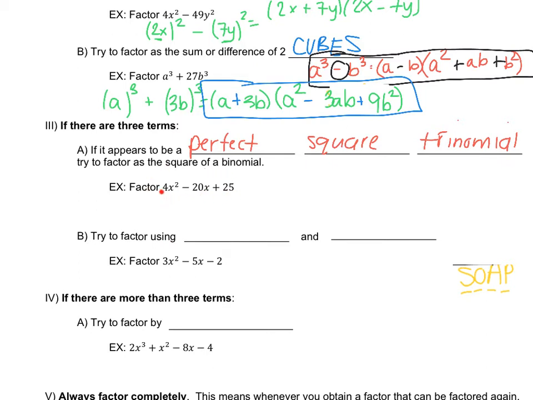But if you look at something and say, hey, that's a perfect square, my first term, and so is my last term, think about what that means when we're factoring this in terms of it being 2 factors times itself. These first 2 terms of each factor have to multiply to 4x squared, and the last 2 have to multiply to 25.